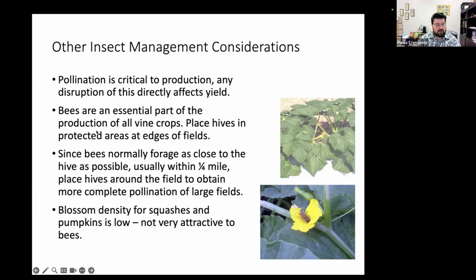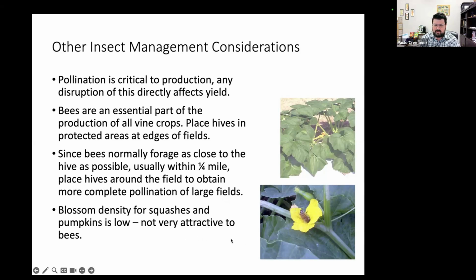Bees are part of the production of vine crops. And they normally forage as close to the hive as possible, so usually within a quarter of a mile, you have to place the hives around the field. The blossom density for squash and pumpkins is very low. They are not attractive to bees.